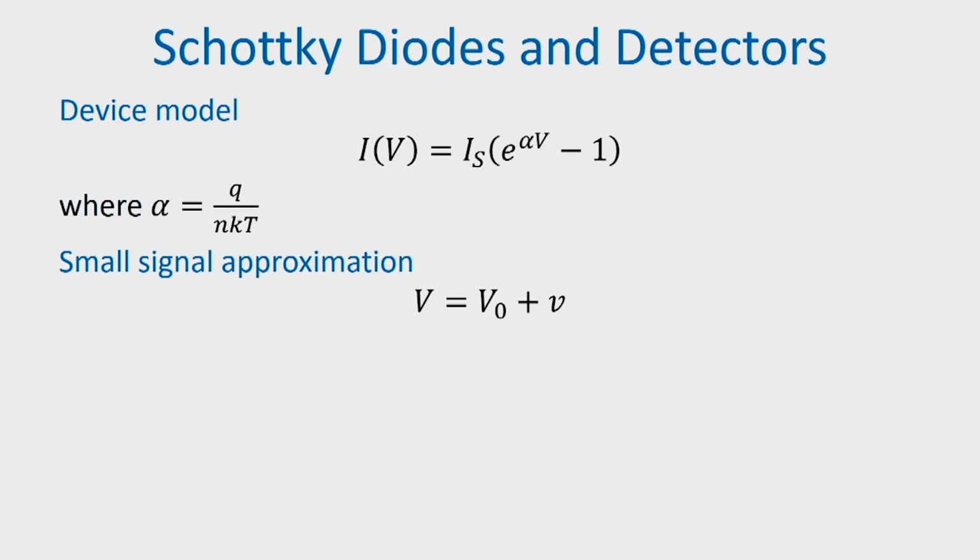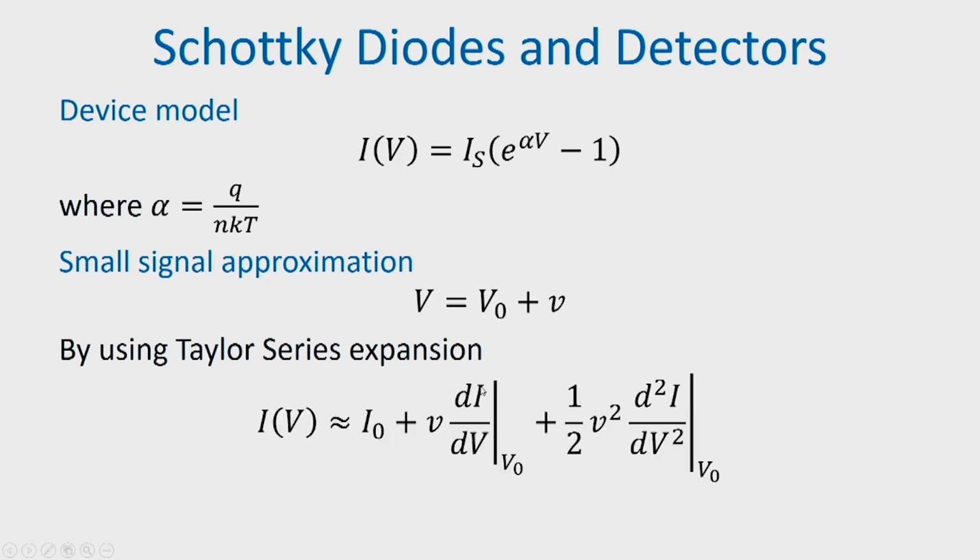Usually any signal variation that is present. Now, what we can do, we can go for Taylor series expansion for this current I V around this DC voltage V naught.